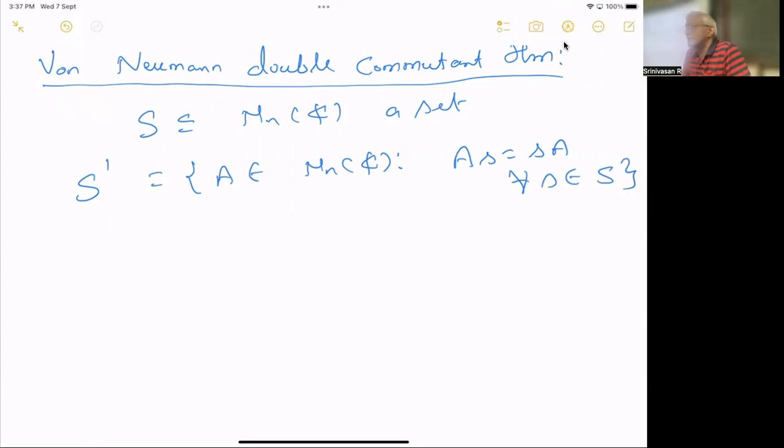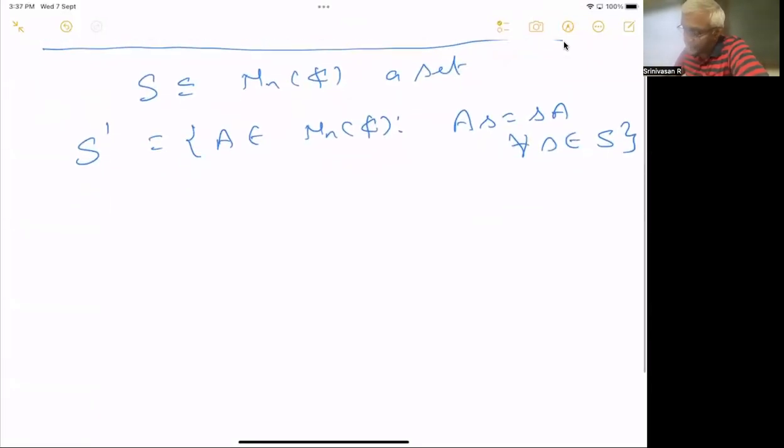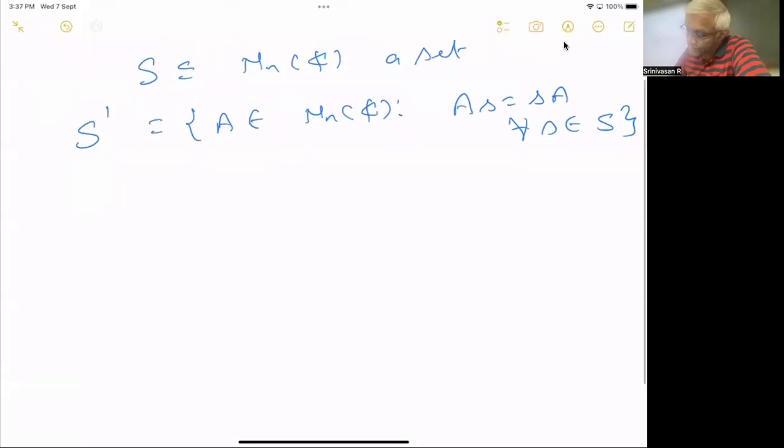Here there is no orthogonality, but later when we discuss Fock spaces, we will see there is some relation between orthogonality and commutant. So this is all operators which commute with S.